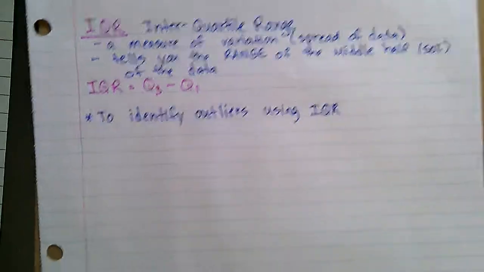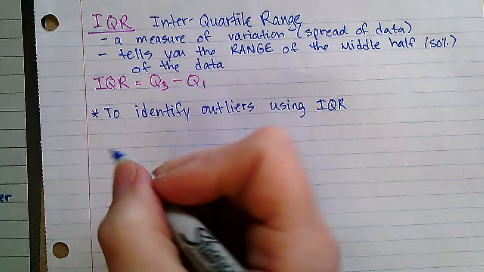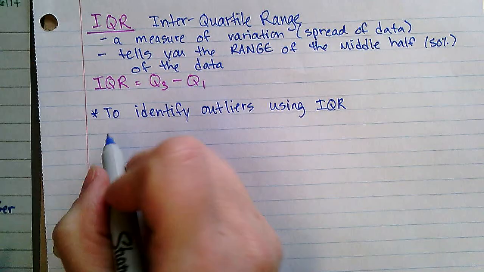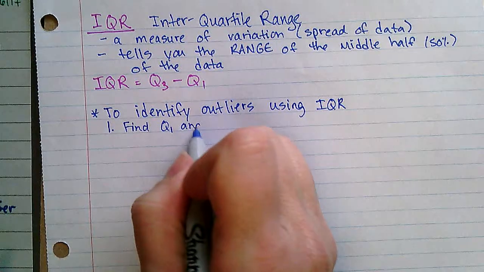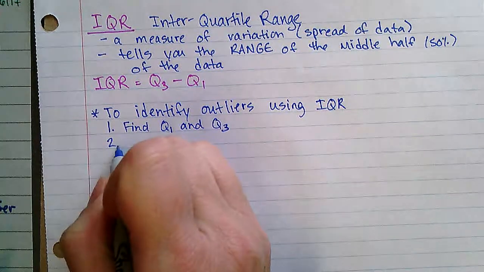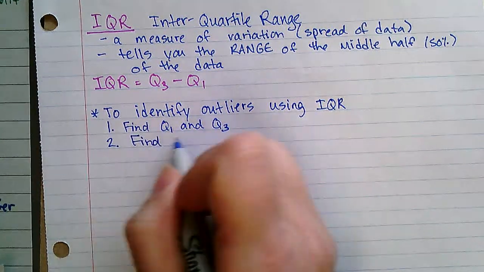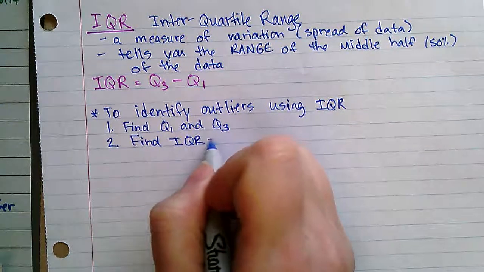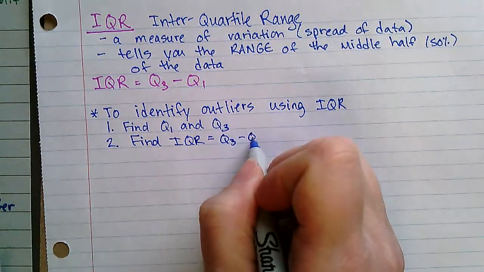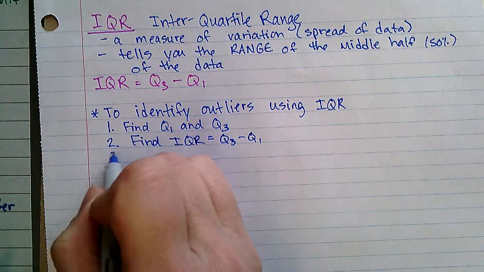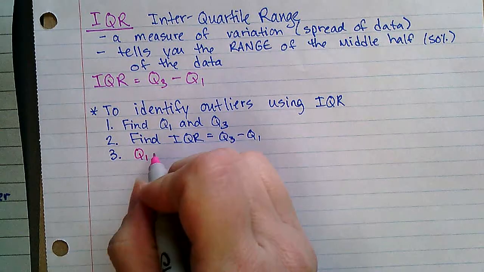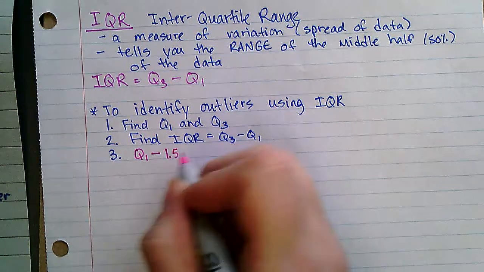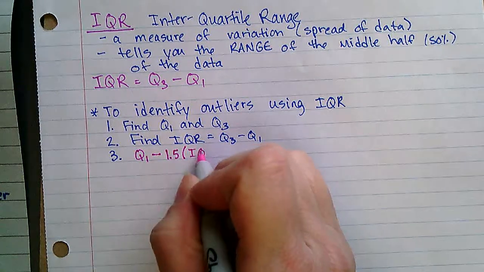So to identify outliers using IQR, first, of course, you're going to have to find Q1 and Q3. Then second, you're going to find IQR, which is going to be Q3 minus Q1. Okay, here's where the formulas come in. So we're going to take Q1 and subtract 1.5 times IQR.